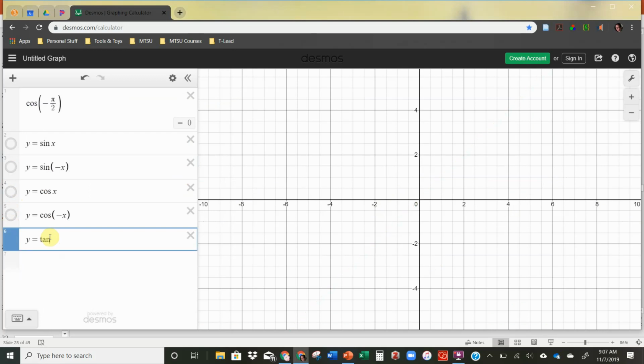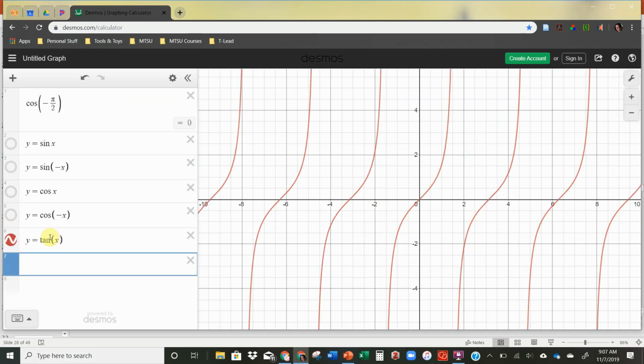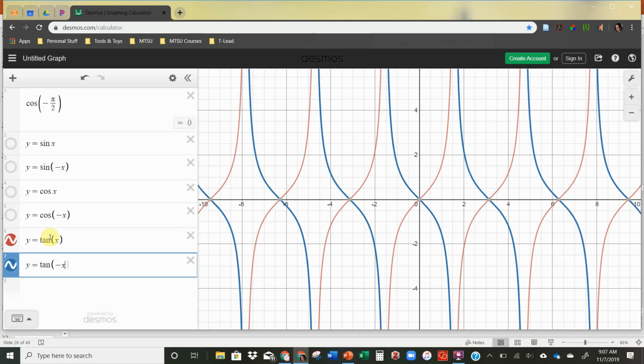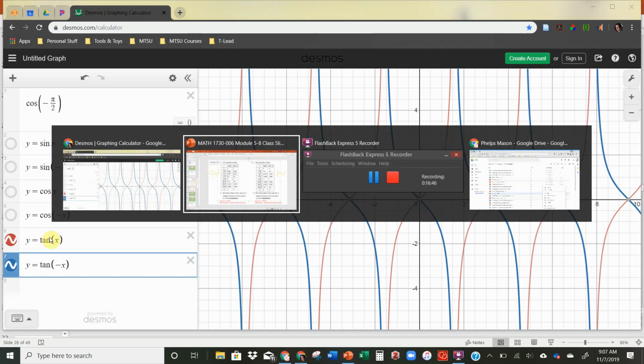Y equals the tangent of x versus y equals the tangent of negative x. We can see that just like with the sine function, it's symmetric about the origin. If we rotated the entire tangent function by pi, a half-turn rotation, this graph would match itself. This is also symmetric about the origin.